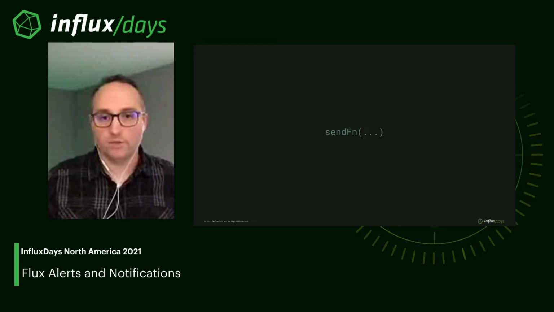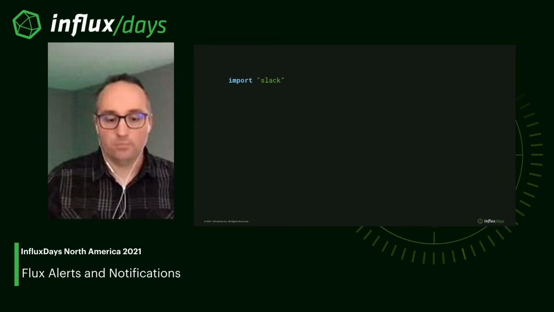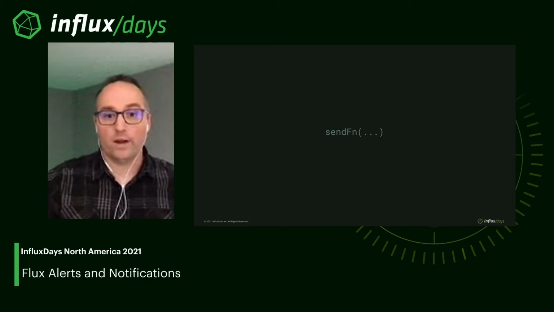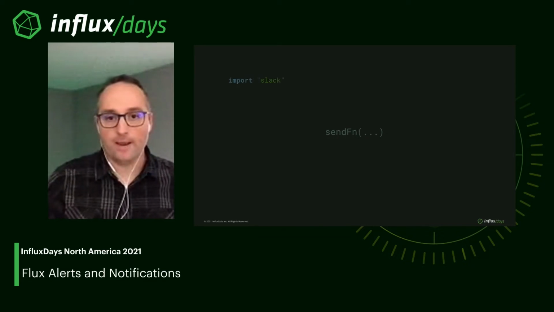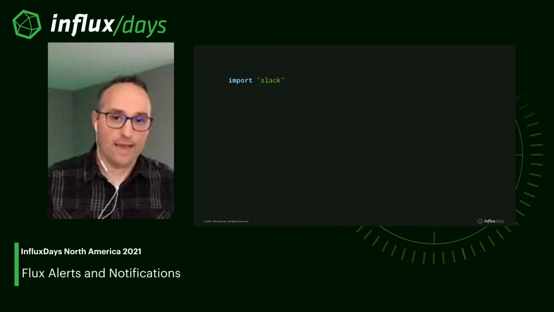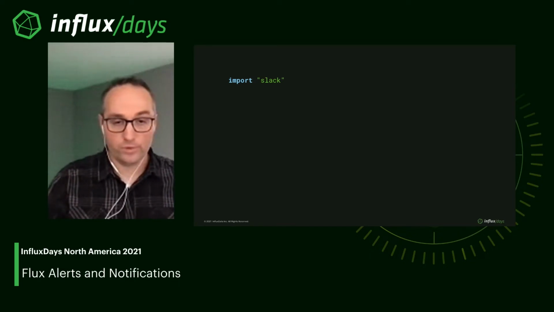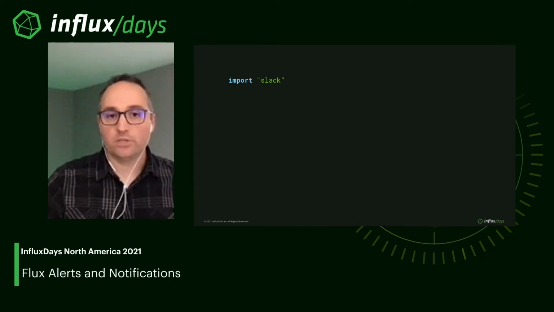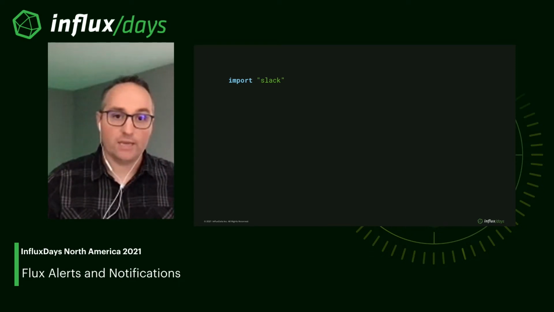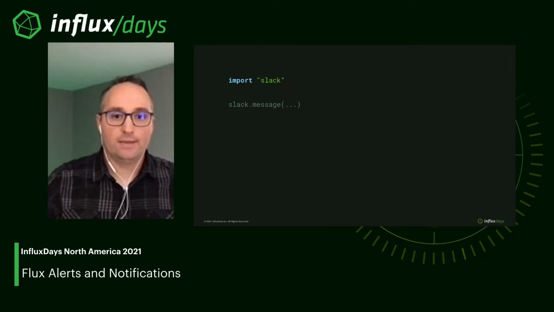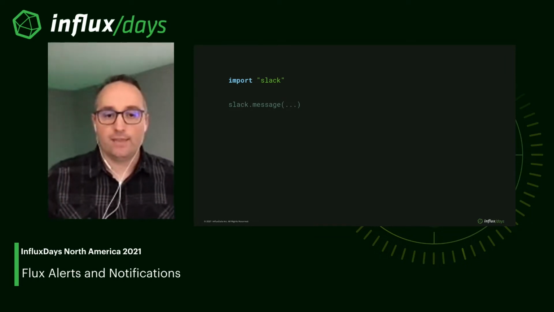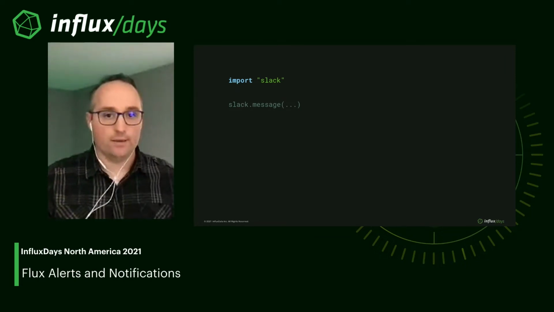Each of these notification functions has parameters that are required to interact with that external API. In this case, I'm going to use Slack as an example because it's a really commonly used tool. We're using it today. To have access to the Slack package, I need to import the Slack package. And within the Slack package, I can then call the Slack.message function.